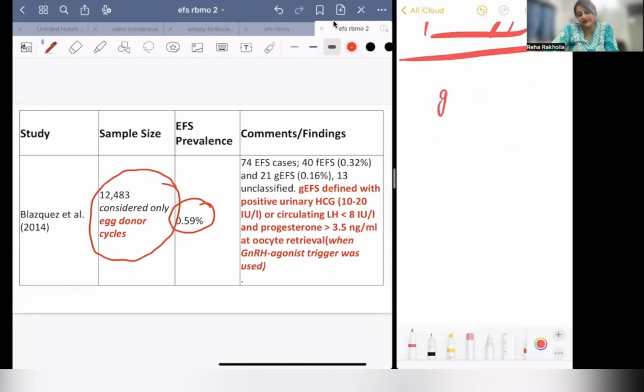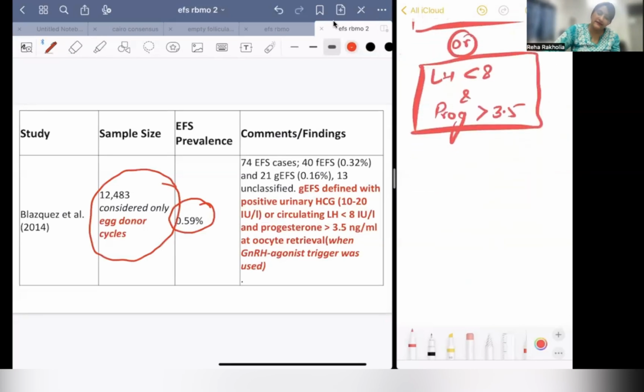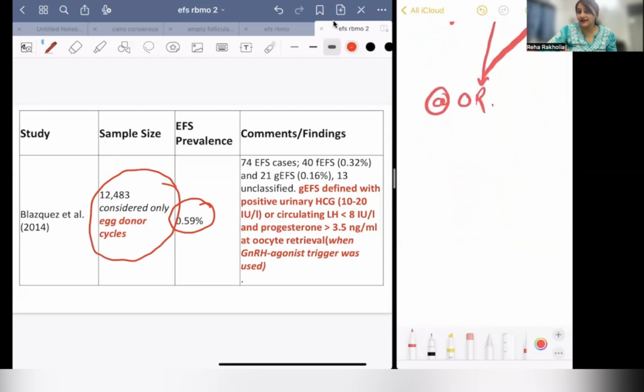In this, it defined GEFS as HCG 10 to 20 international units per liter, or LH less than 8 and progesterone more than 3.5, these two values at oocyte retrieval. Then it says it is genuine empty follicular syndrome, but it is contradicting the definition of genuine empty follicular syndrome.